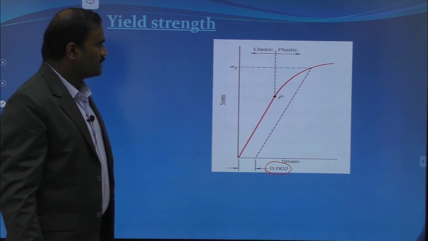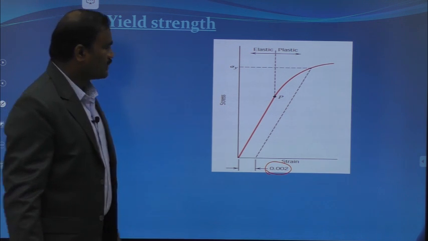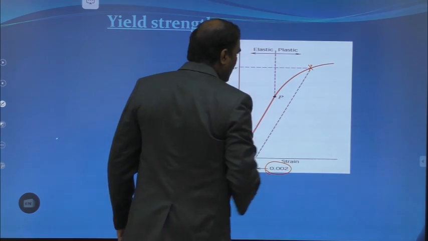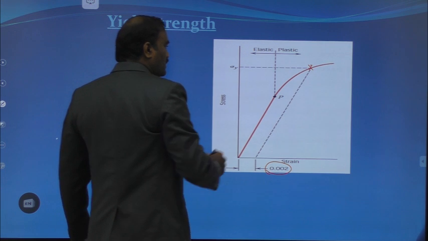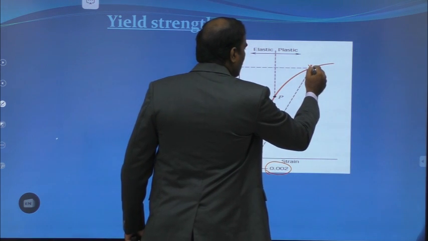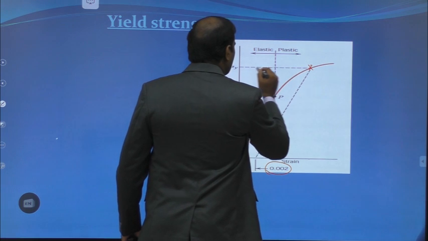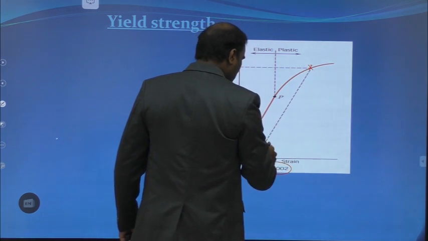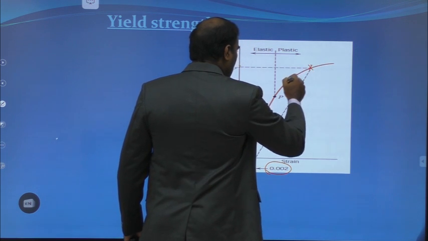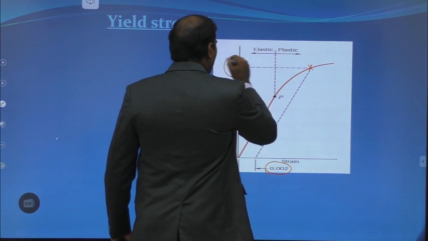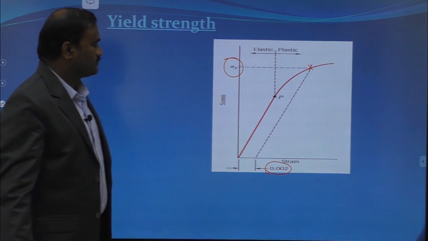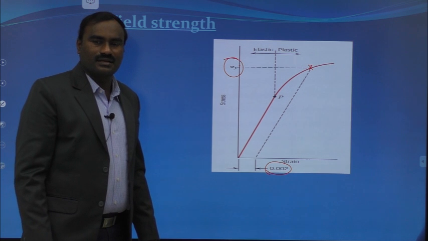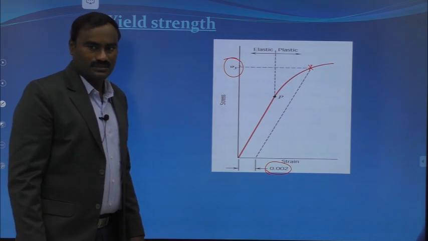This line cuts the stress strain curve at a particular point. The stress value corresponding to the intersection of the line which we draw and the stress strain curve is called yield strength. That is how the yield strength of a material or metal can be determined.